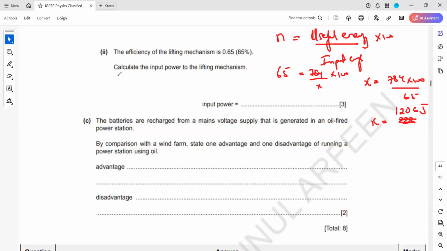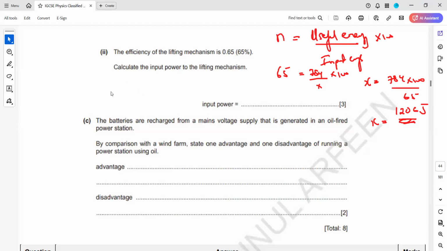Now you need the power. You can solve the question two ways. First, you find the input energy, and the input energy divided by time will give you the power. Or first, you find the useful power and then use the efficiency formula to work out the input power.